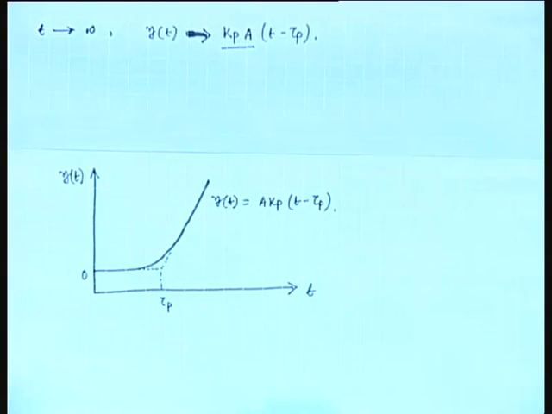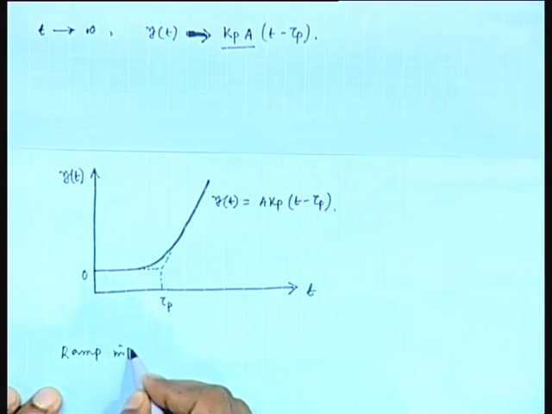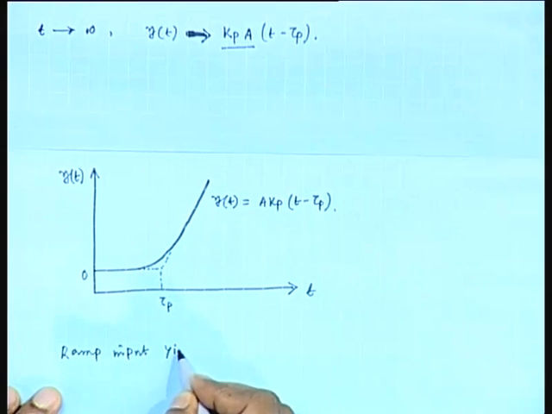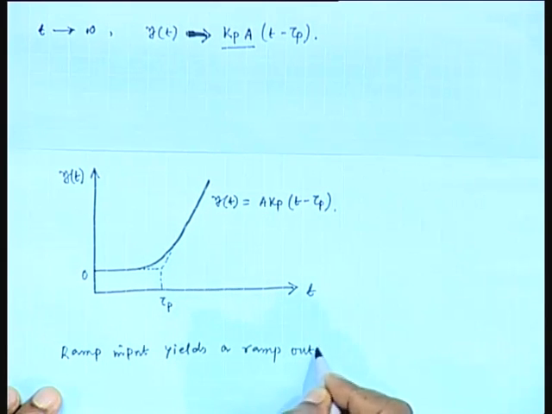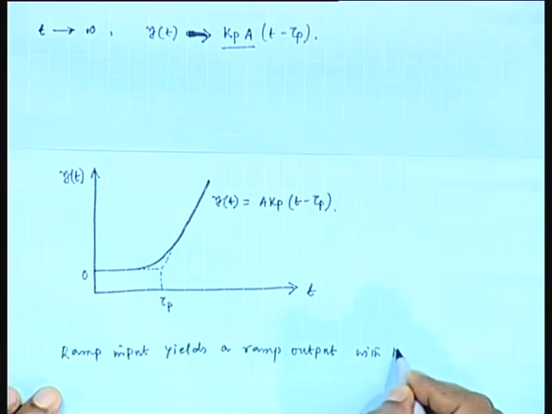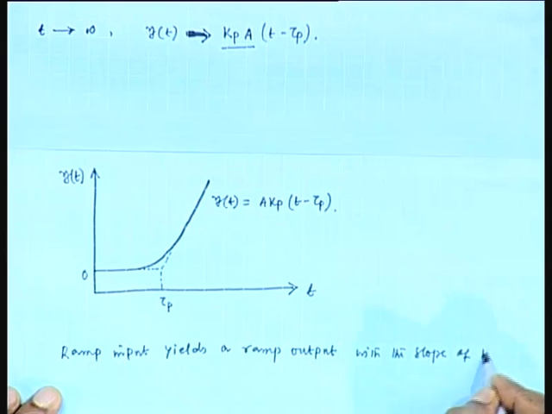Fine. So, we can say that the ramp input, as I told, yields a ramp output with the slope of Kp A. Fine.